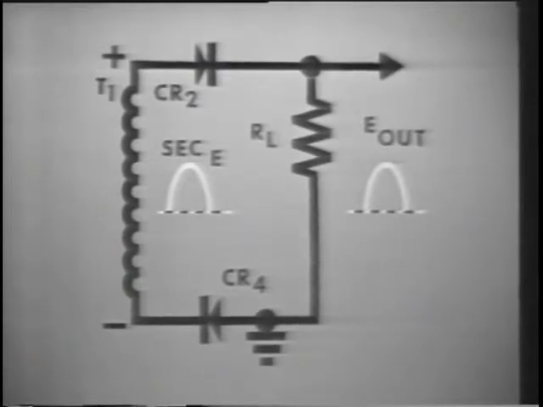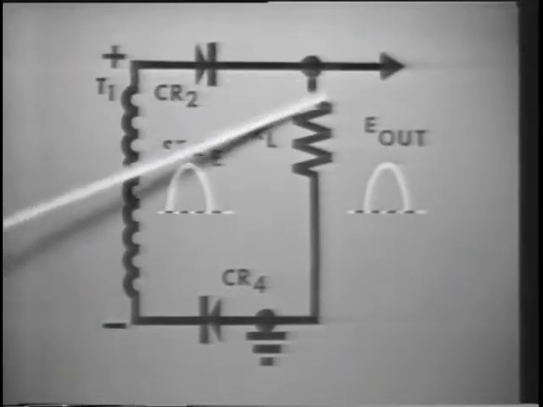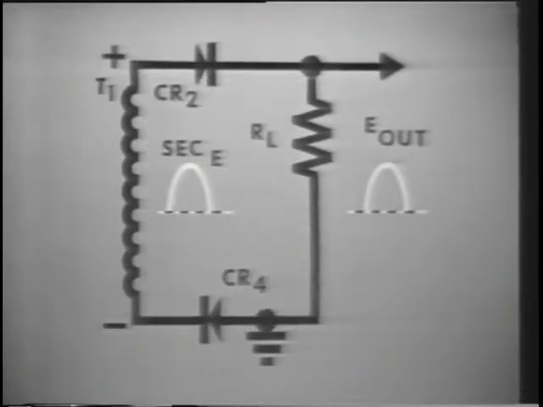Positive on the top of the secondary, the same positive on the top of the load. Ground on the bottom of the secondary, and ground on the bottom of the load. The load is in parallel with the secondary. Now it should be obvious that whatever voltage is felt on the secondary will also be felt on the load.